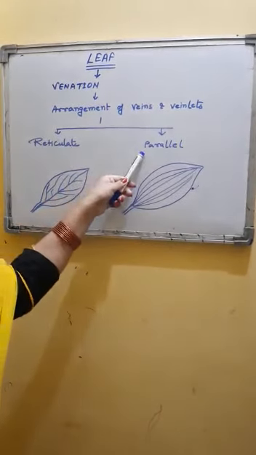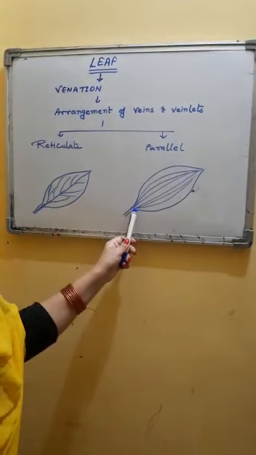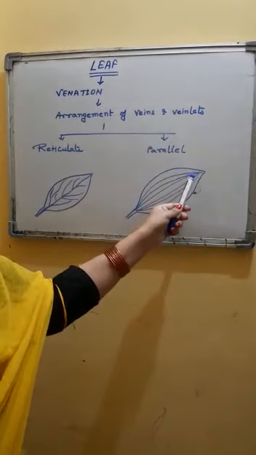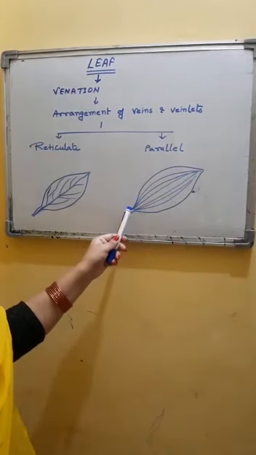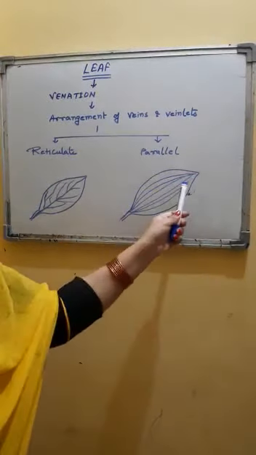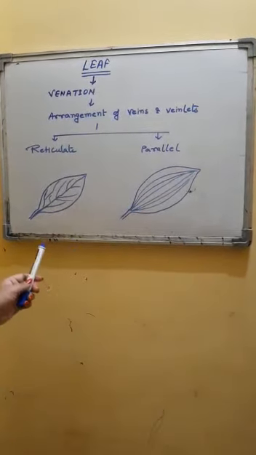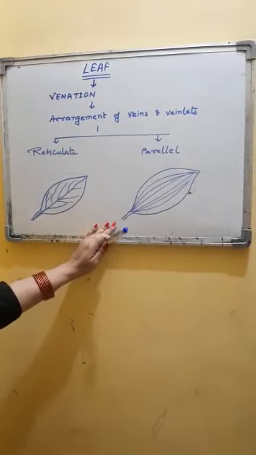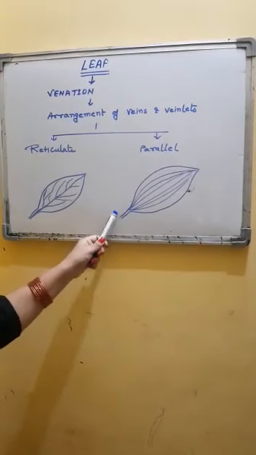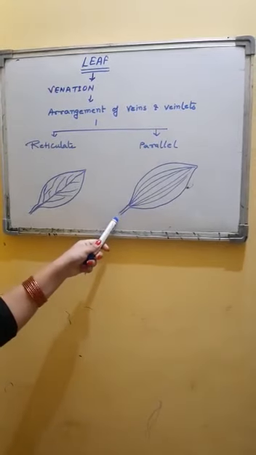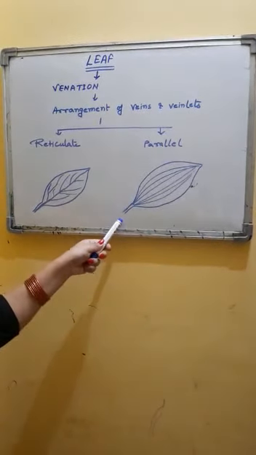On the other hand, in parallel venation, veins and veinlets run almost parallel to each other, and they do not form a network, but form a parallel structure. The parallel venation is a characteristic feature of monocot. Generally, most of the monocot plants show parallel venation. However, in some dicot plants, it may be seen also.